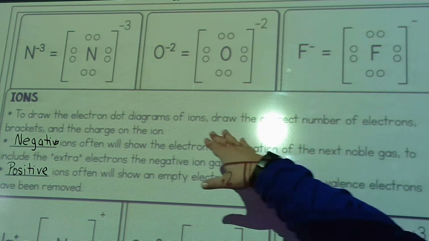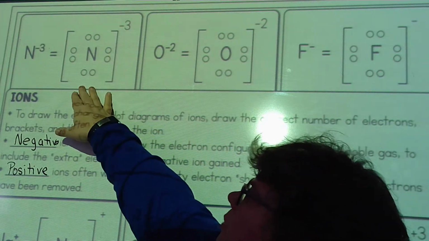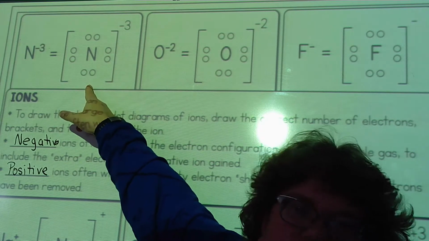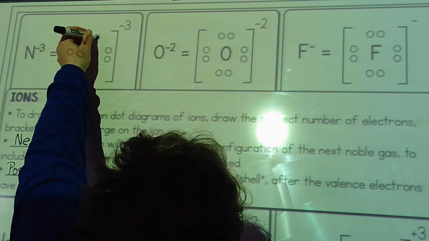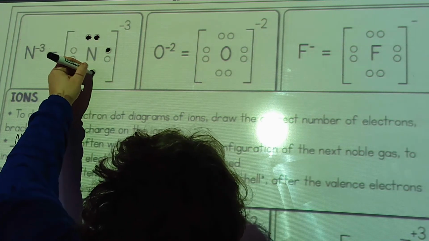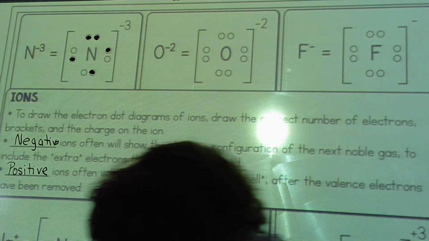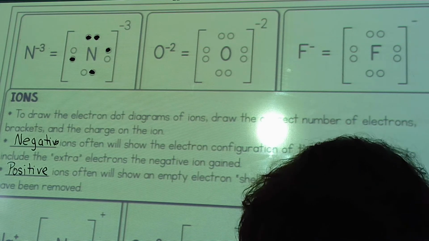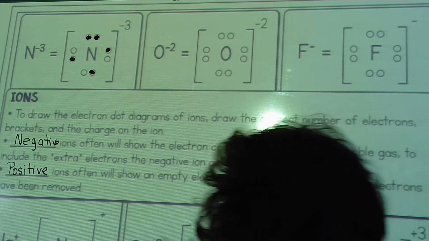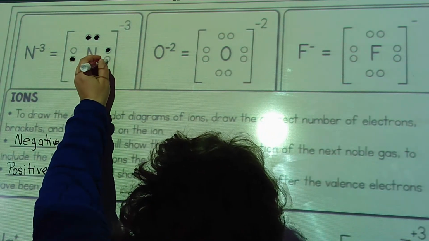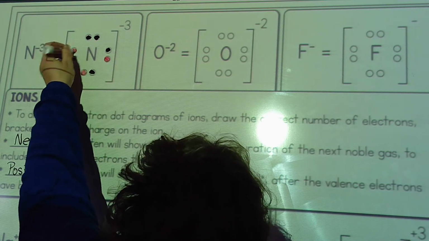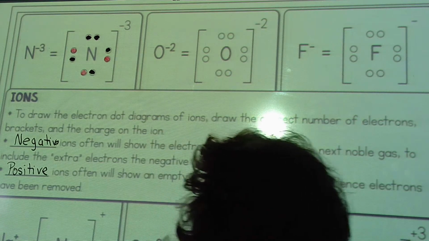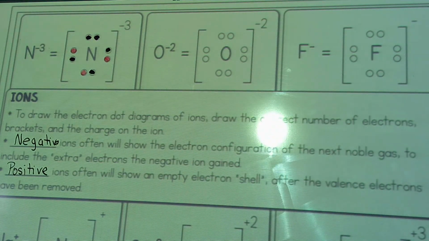So you can see here, here's nitrogen. It's got a 3 minus charge, which means it has 3 extra electrons, right? It has the 5 that it started out with, because nitrogen has 5 valence electrons. And then it has the 3 that it gained to make itself have a stable octet, or 8, which gives it a -3 charge.